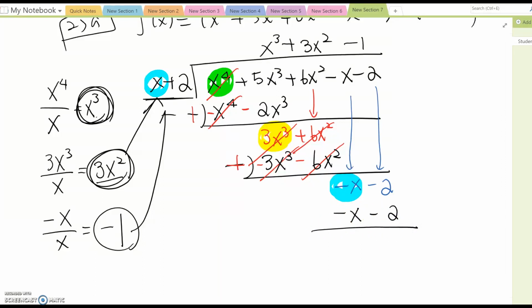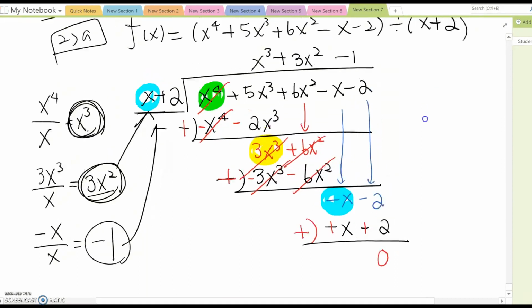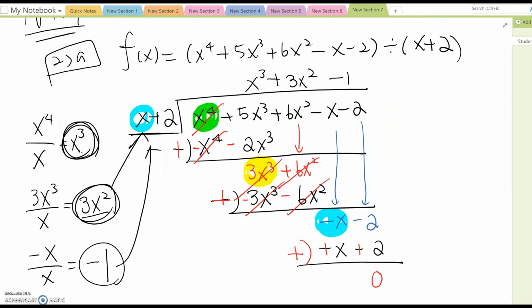Then you subtract them, which means switch their signs, so plus and plus, so it equals 0. Therefore, in this case, the answer is this one, and no remainder. Okay?